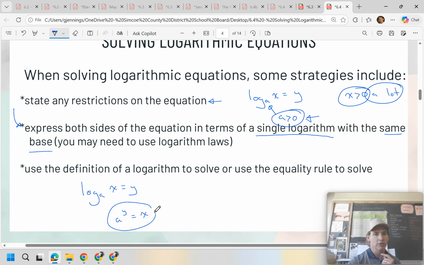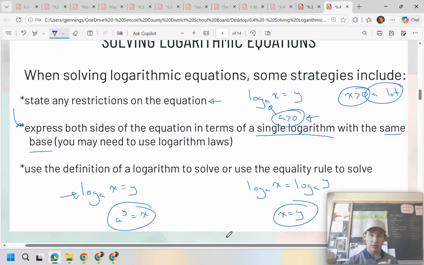Okay, so we can use this to solve these types of situations, or we can use log a of x equals log a of y. When you have two logs of the same base, then their arguments are equal, if the logs are equal. So we're going to see how we use both. Are you ready to see some examples?